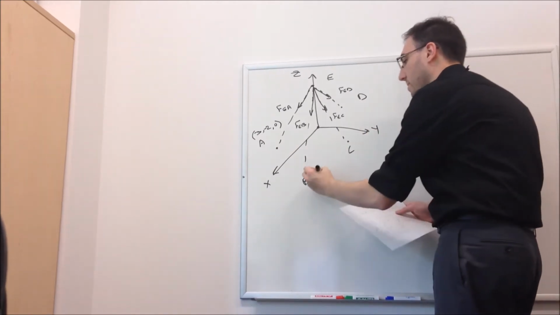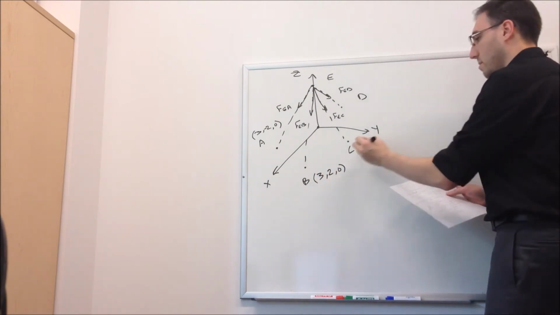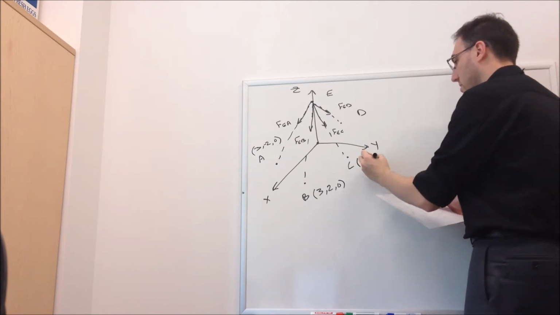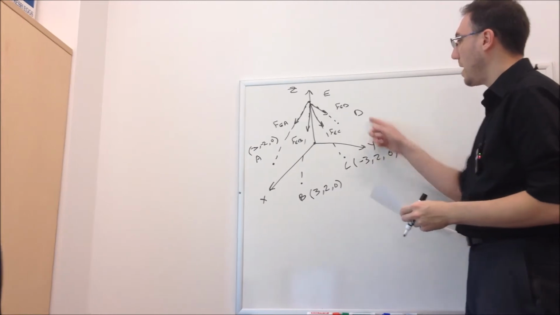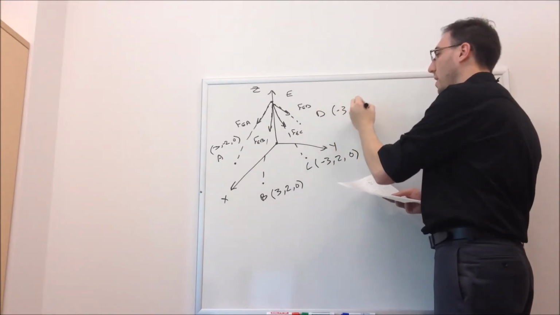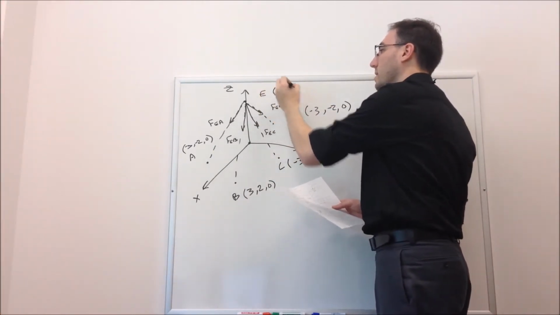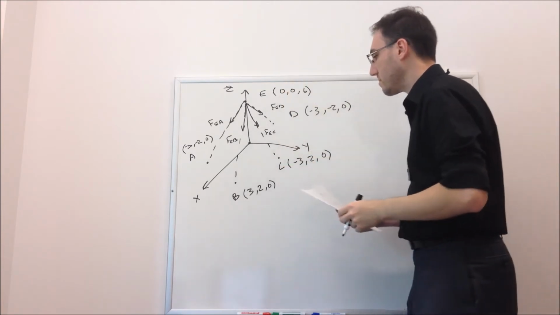B is going to be 3 in the X, 2 in the Y, 0 in the K. C is going to be negative 3 in the X, 2 in the Y, and 0 in the K. And point D is going to be negative 3 in the X, negative 2 in the Y, and 0 in the K direction. And then E lies on the Z axis, so it's at 0, 0, 6.